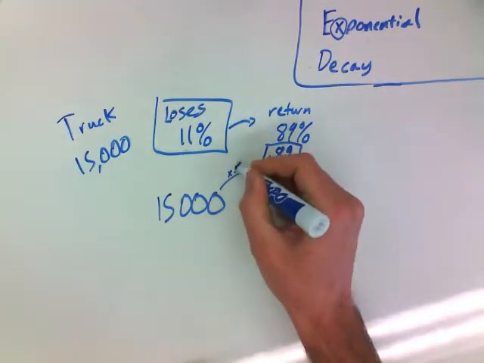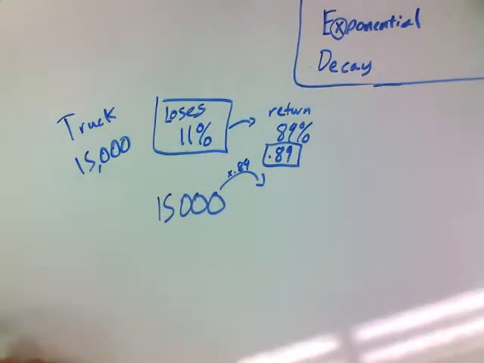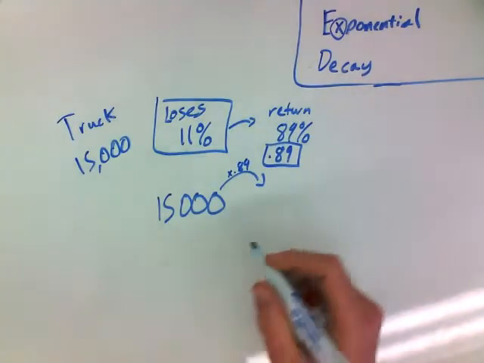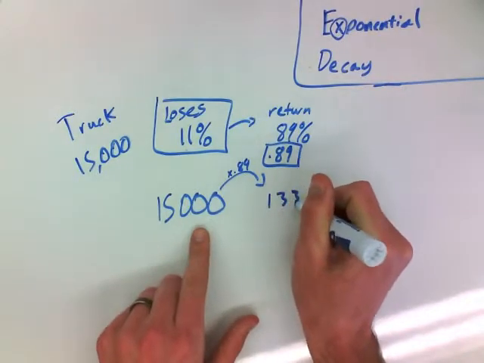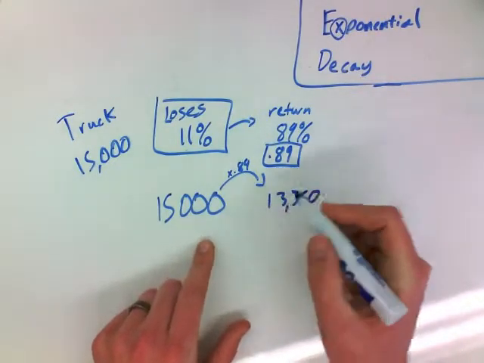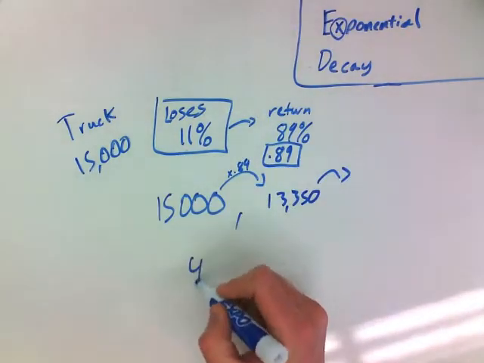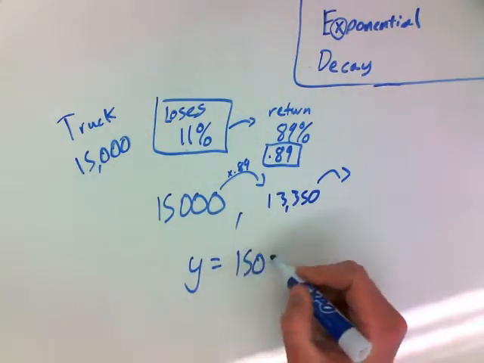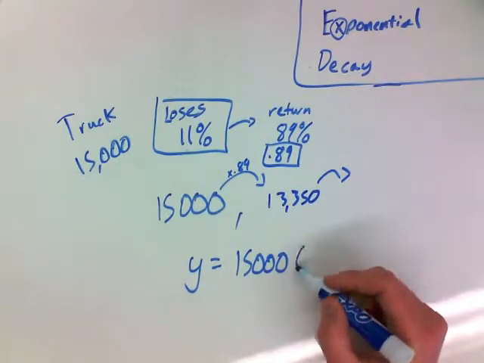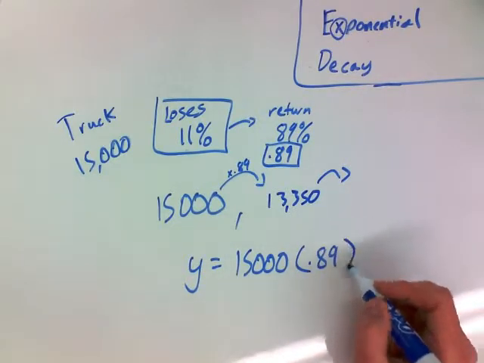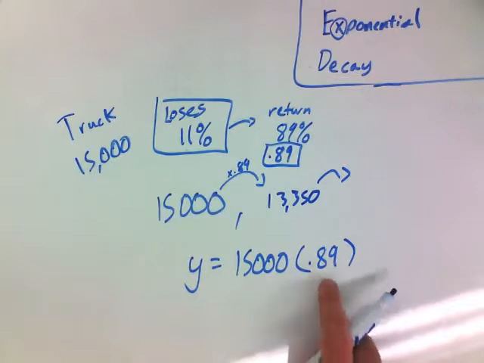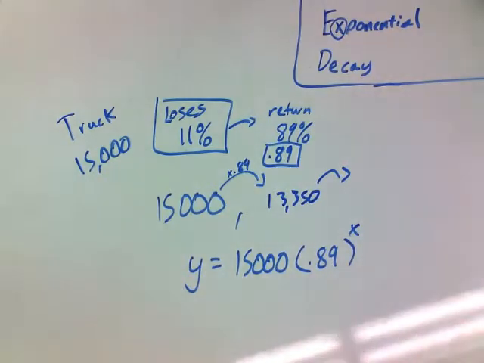So each time I'll multiply by 0.89 over and over again. So 15,000 times 0.89, that means after the first year it's worth $13,350, right? And so on and so forth. So this equation can be modeled by my starting point of 15,000 times 0.89 to the x power.